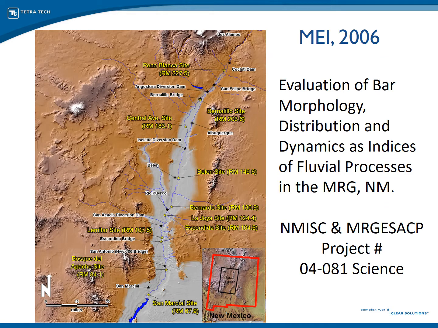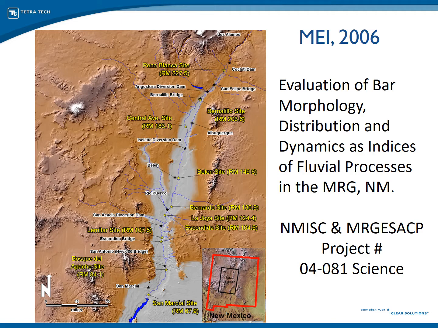Okay, so this whole issue of bars. Back in about 2004, 2005, the program funded a study that we did looking at bars and bar dynamics throughout the Middle Rio Grande. We had 10 sites from Cochiti down to San Marcial, these yellow sites through here.